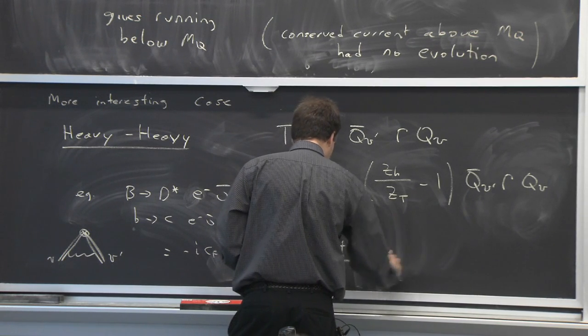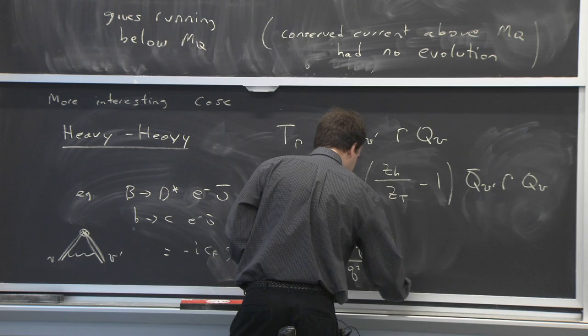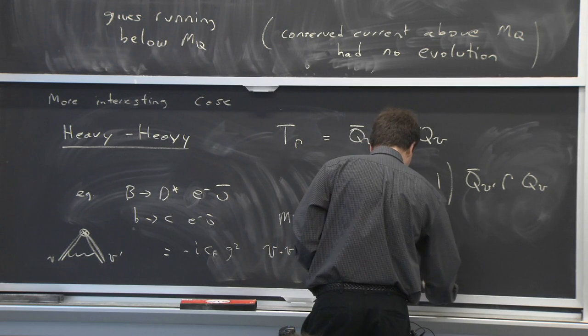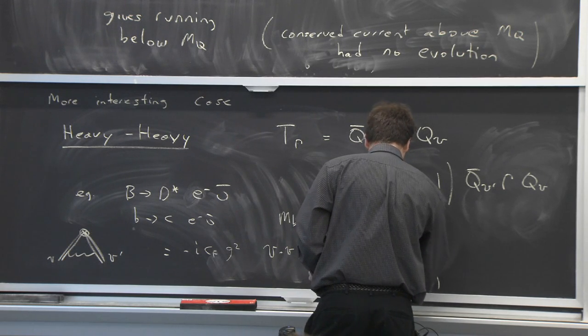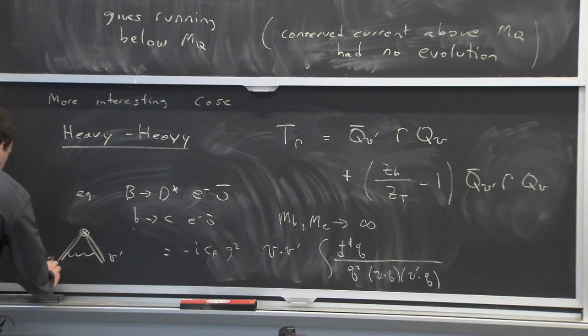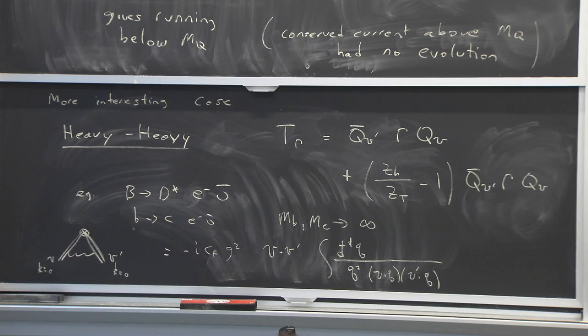Again, in Feynman gauge, and let me just take the external quarks to have zero residual momentum for simplicity, so this one has k equals 0, and this one has k equals 0. The HQET Feynman rule for this one has a v dot q, if q is the loop momentum, and this one has a v prime dot q.